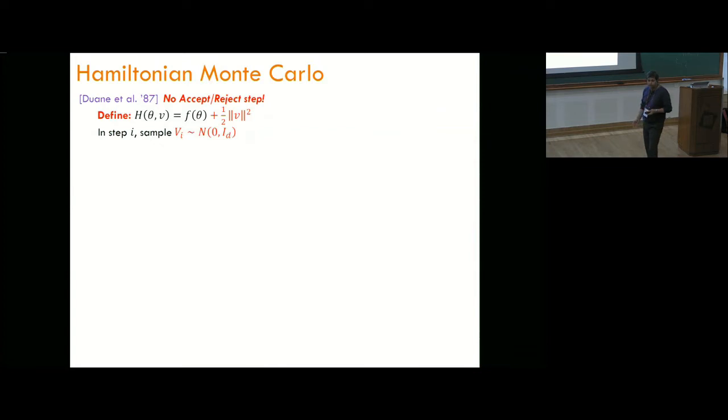And here's the algorithm. It does the following. In the ith iteration, it picks a random velocity. What do I mean by random velocity? It picks a vector which is distributed according to the normal distribution with identity covariance matrix and zero mean.